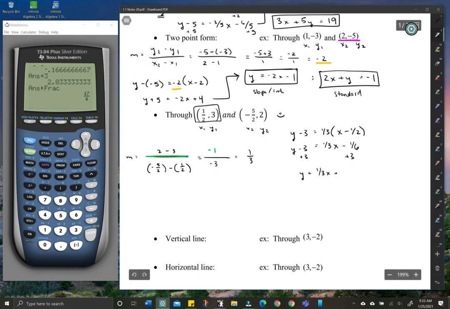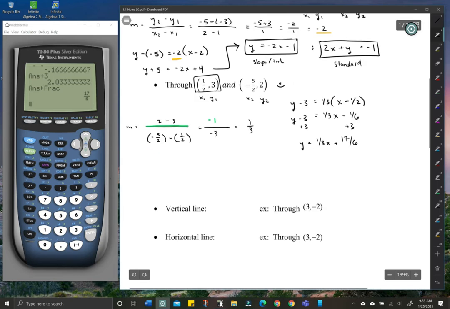There is our slope-intercept. Let's write it in standard form. So I'm going to subtract the 1/3 x over: negative 1/3 x plus y equals 17/6. Now, got to fix it. It's a negative, and I need to get rid of the fraction. We're going to multiply by the biggest denominator we see, so I'm going to multiply everything by negative 6.